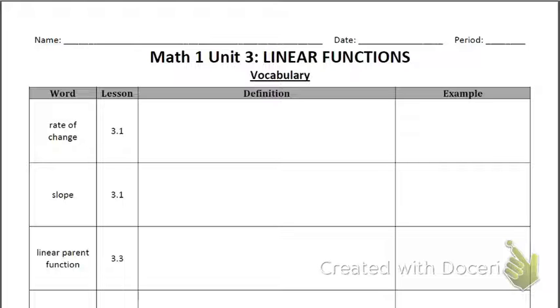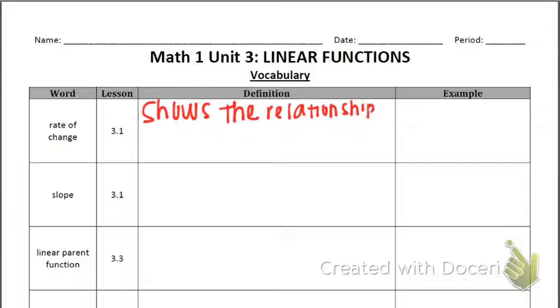So rate of change, our definition is going to be that it shows the relationship between two changing quantities. I'm going to write it down.